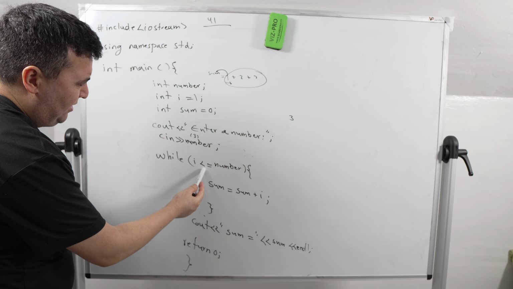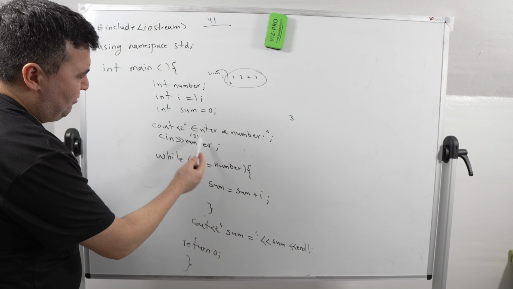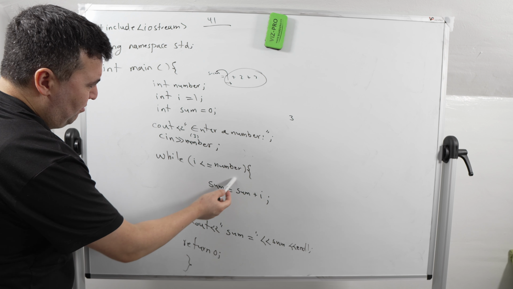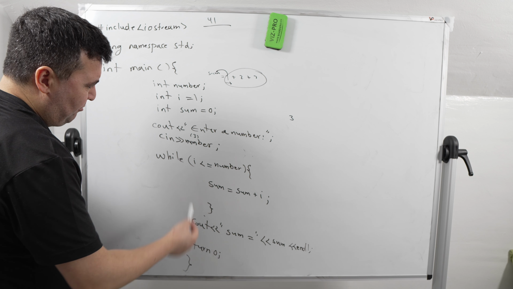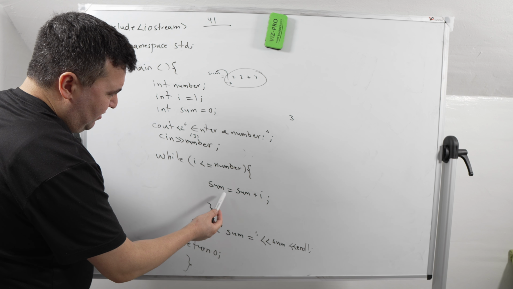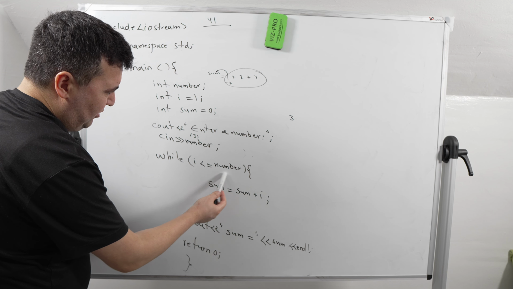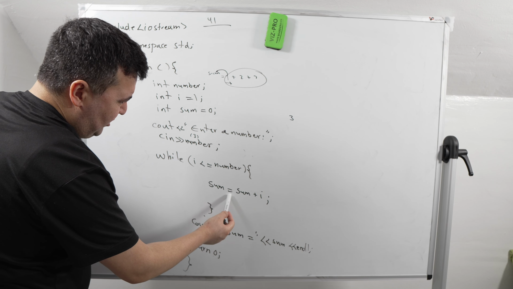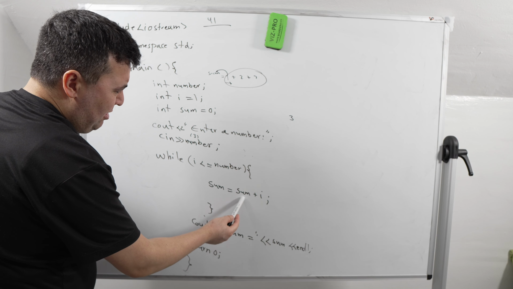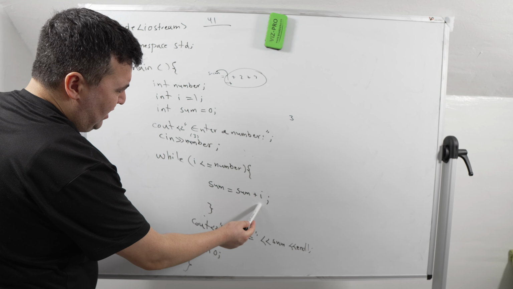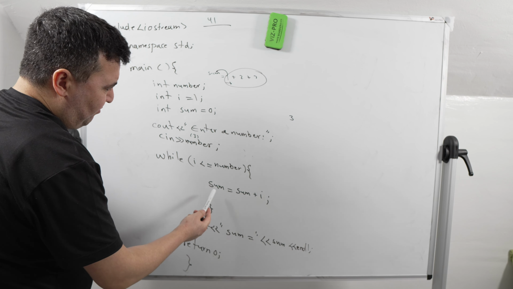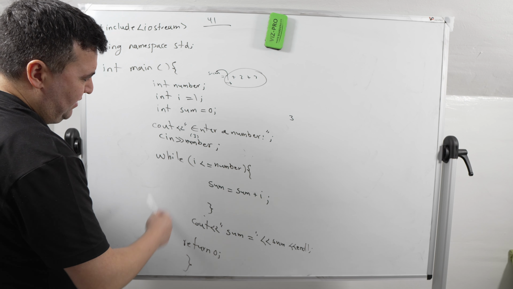Is 1 smaller than number, which is 3? Yes, so the condition becomes true. When the condition is true, the block of the while will be executed. So here sum is equal to sum plus i. The value of sum is 0, 0 plus 1 becomes 1. So now inside the sum variable is 1.